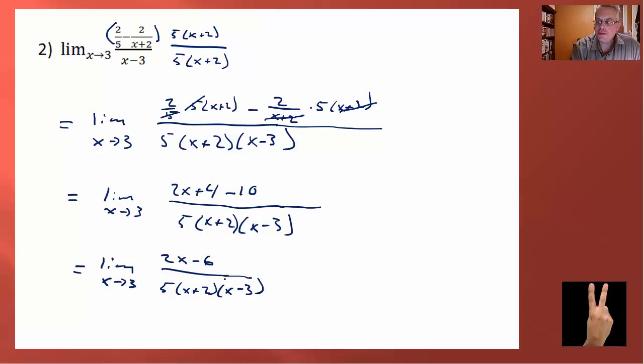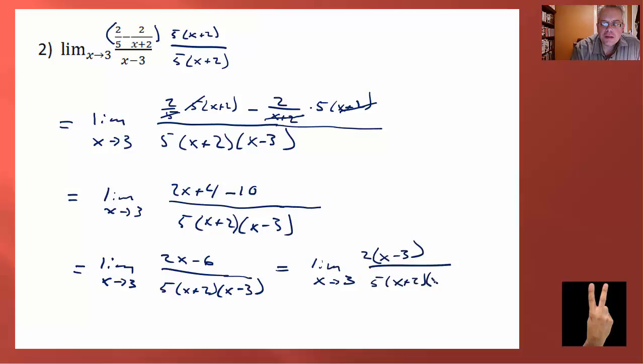Now, you might be a little disappointed. You might say, Mr. Miller, I was hoping something would cancel. It will. We just have to factor the numerator. We can factor out a 2, the greatest common factor there. So this is the limit as x approaches 3 of 2 times x minus 3 all over 5 times x plus 2 times x minus 3, and there it is.